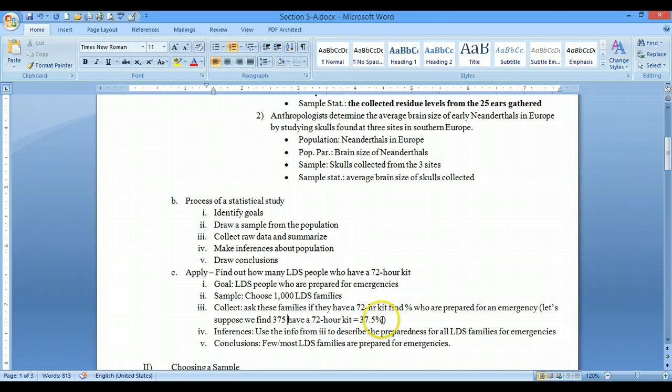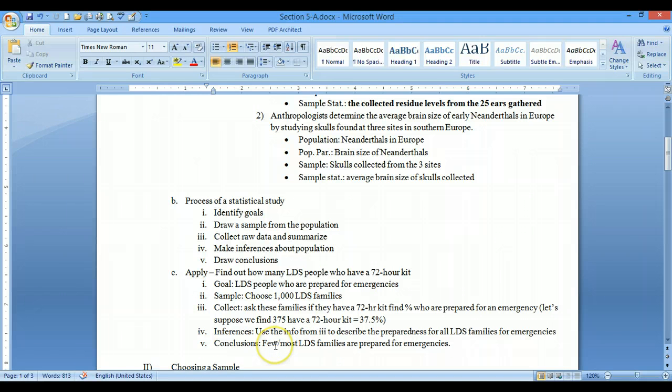So if I have 375 families out of the 1,000, my sample shows that 37.5% of families have 72-hour kits. So therefore, I take that and I infer that of all LDS families, only 37.5% of them have a 72-hour kit and are prepared for emergencies.